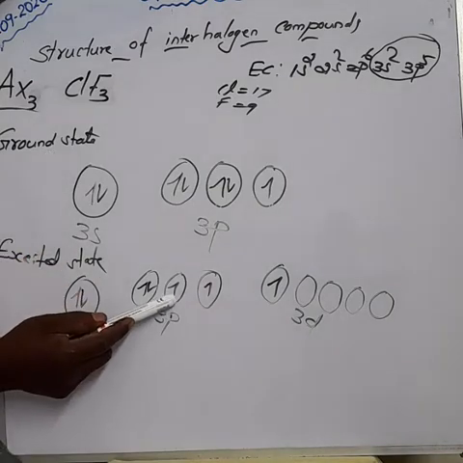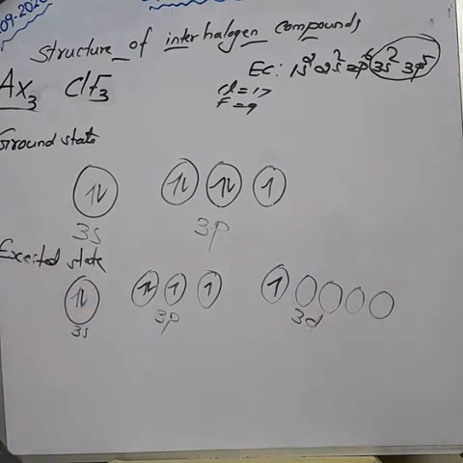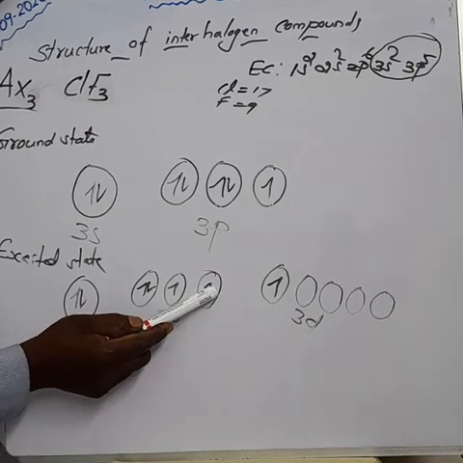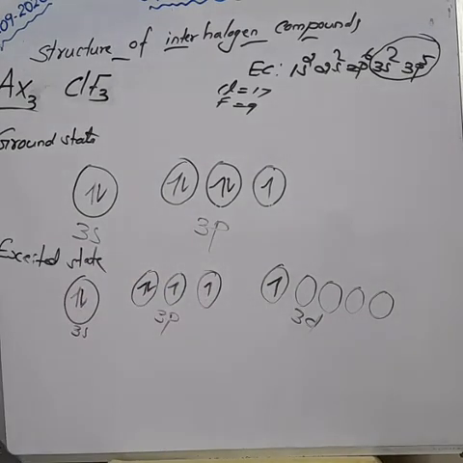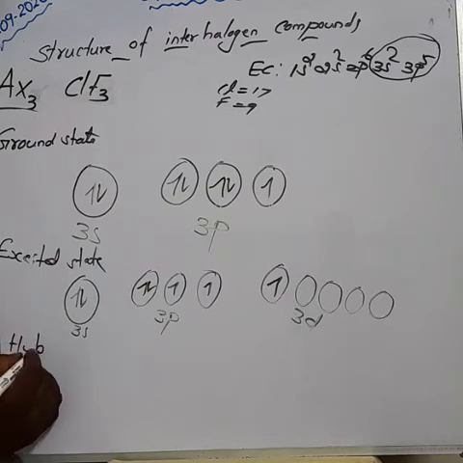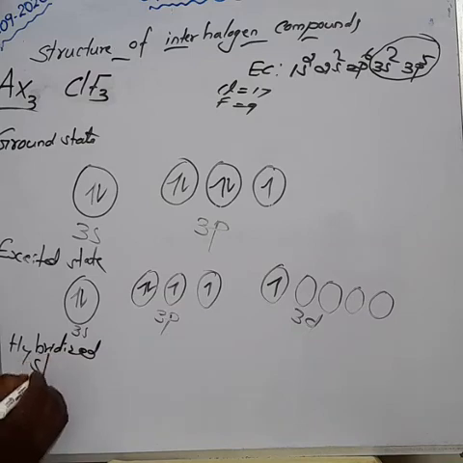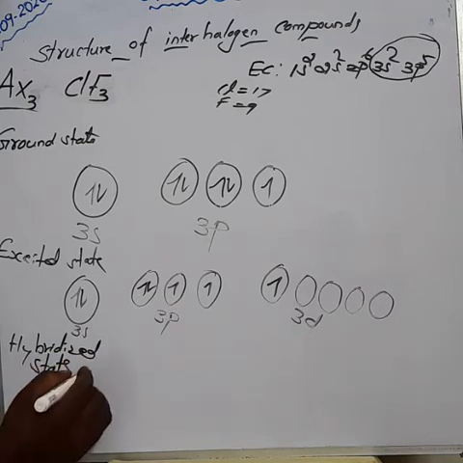So here the fluorine atom can be joined here. One fluorine atom, second fluorine atom, third fluorine atom. Okay, that is called the hybridized state. Hybridized state.